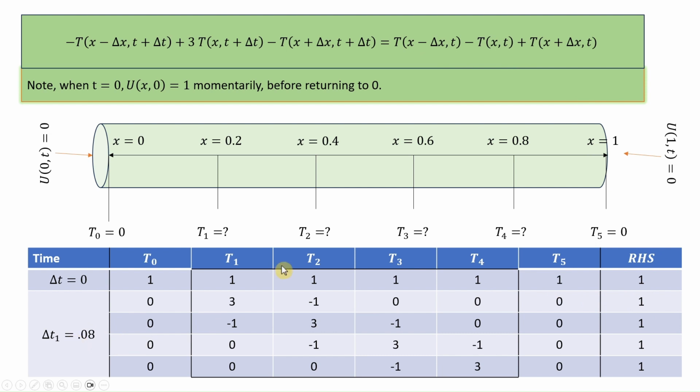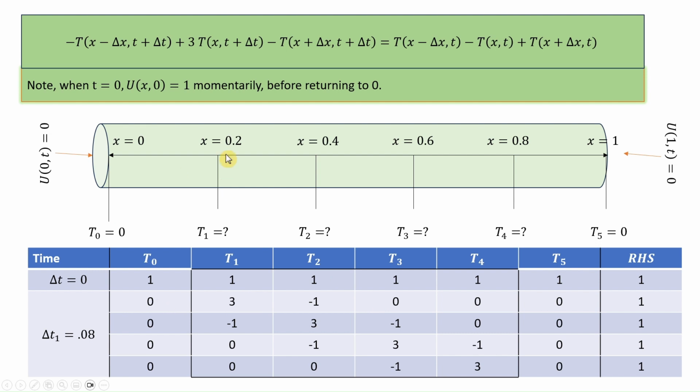How is it changing? And that's what we're trying to figure out. We don't know how the temperature along those parts are changing. We do know how it changes at the endpoints. It goes to 0. Okay, so let's figure this out. So if we start at our first step here, okay, the temperature to the left, we already know what that temperature is.